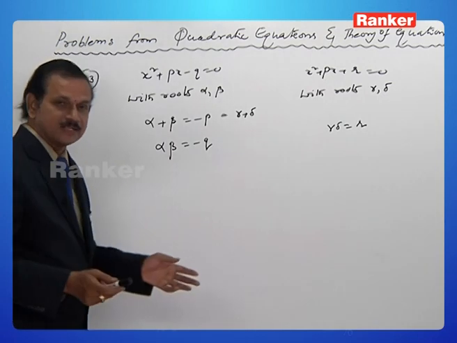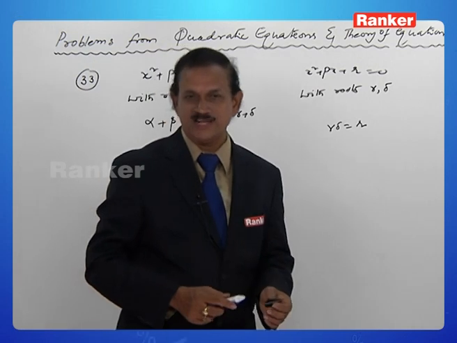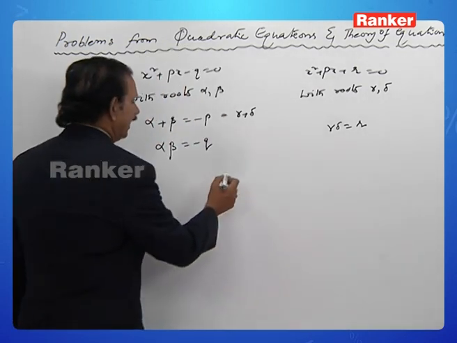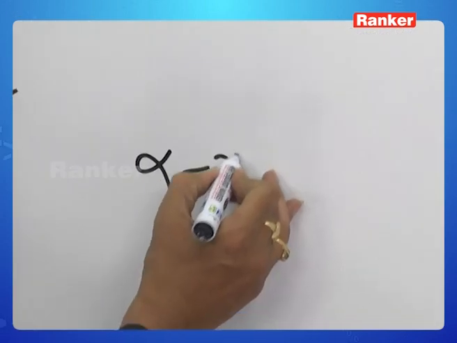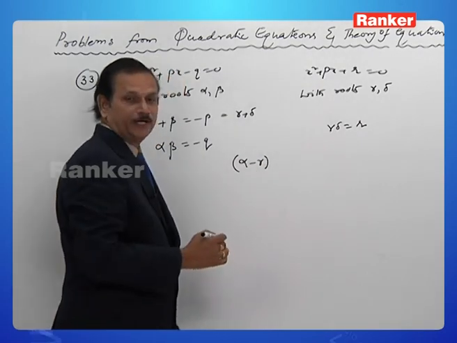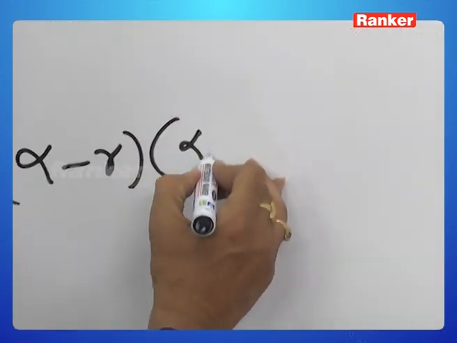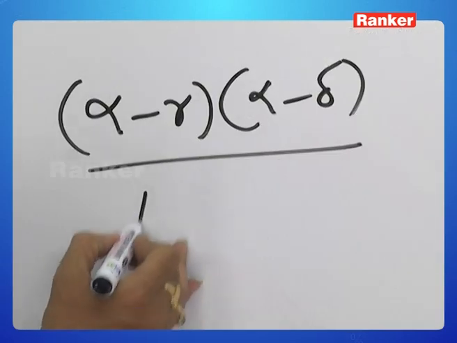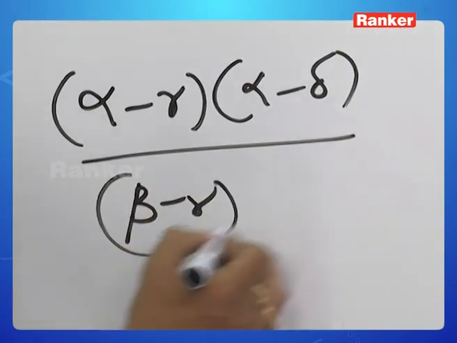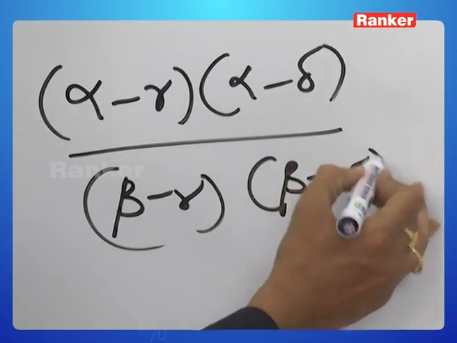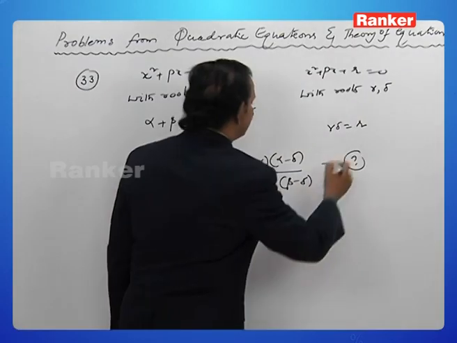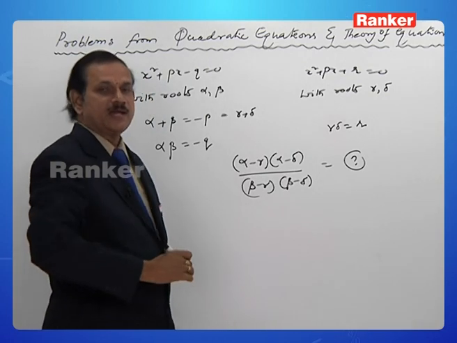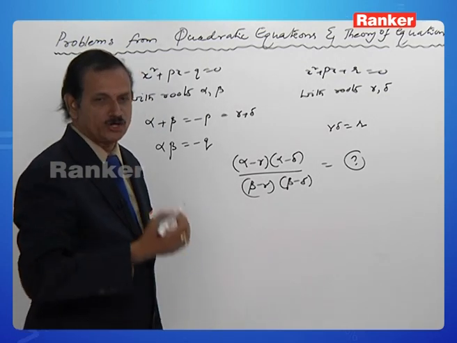Well, let us now think of the requirement. What has been asked? We want to have alpha minus gamma into alpha minus delta by beta minus gamma into beta minus delta. This is the question. Let us first concentrate on the numerator.